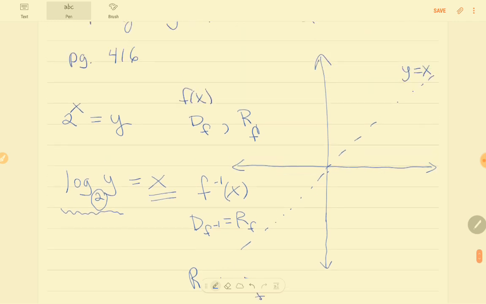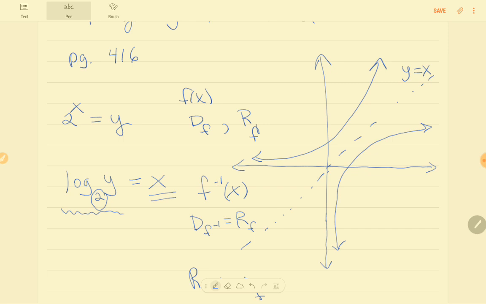So if I have an exponential, remember exponentials are J-curves like this, and the logarithm then would be a reflection across the y equals x identity line, and so it would look something like this. And when you're graphing functions, you can start off with the basic function and move them around with transformations.